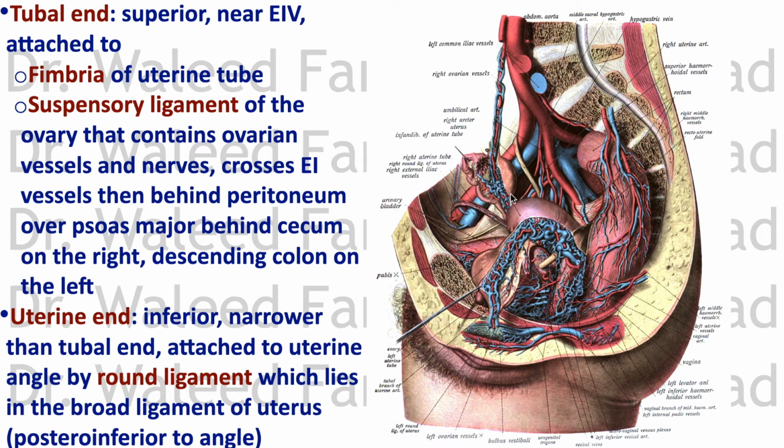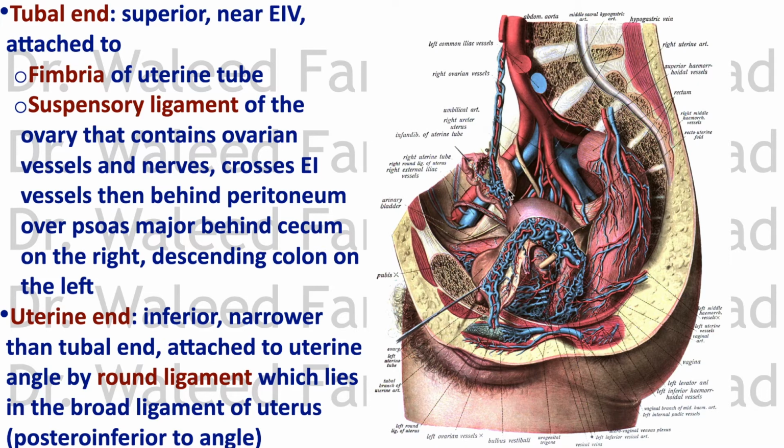Now, the uterine end is more tapering and slim than the tubal end. It's attached to the superolateral angle of the uterus by the round ligament of the ovary. Now, the round ligament of the ovary and the round ligament of the uterus anterior, both are continuations or resemble the remnants of the gubernaculum.